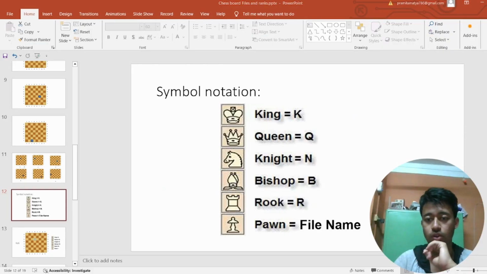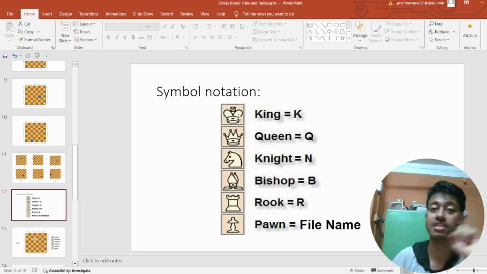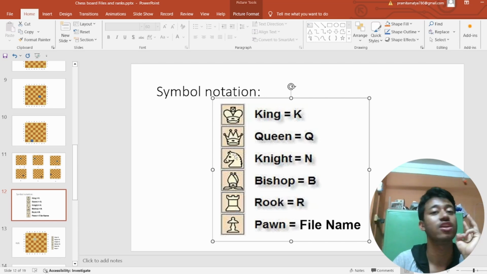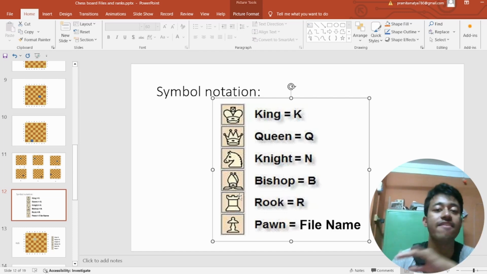These are the piece symbols. As we know, there are altogether 6 types of pieces on the chessboard. First one is the king, the most important piece. Queen, the most powerful piece. Knight, the most tricky piece. Bishop, that goes diagonally. Rook, that goes horizontally and vertically.